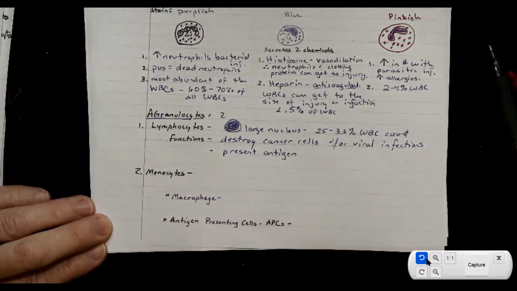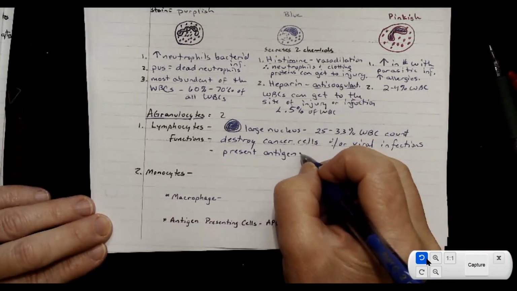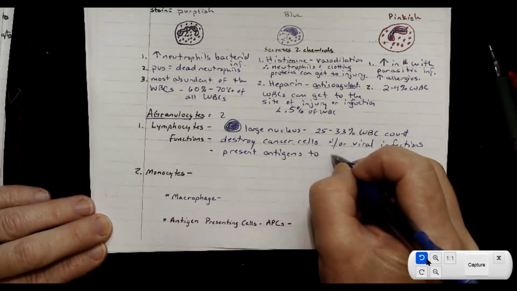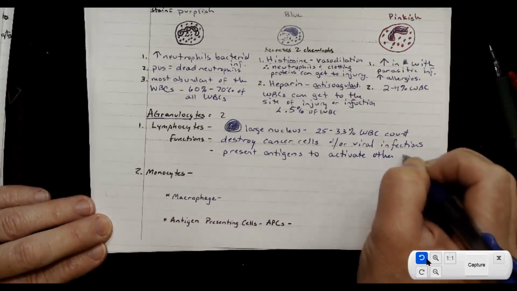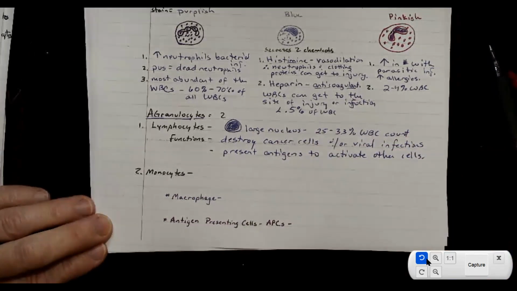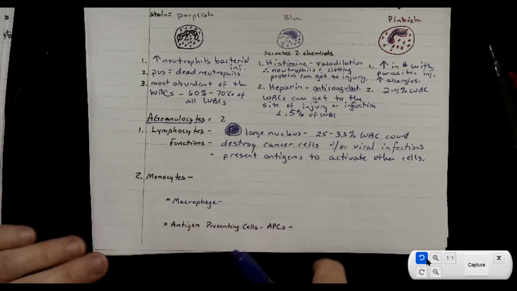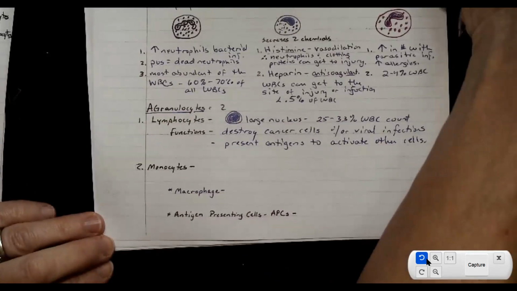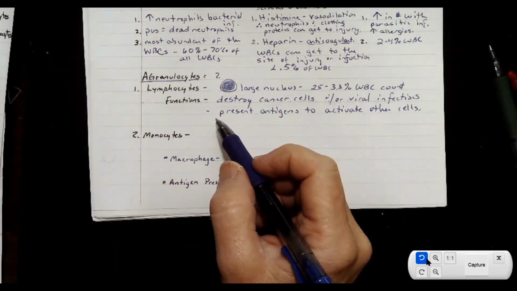These also have antigens, but it's not important in blood typing. These present antigens to activate other cells. So lymphocytes can be what's referred to as antigen presenting cells. And they're also APCs. And when we study the immune system, this will come back to us. So I'll tell you more about that in just a few more minutes.